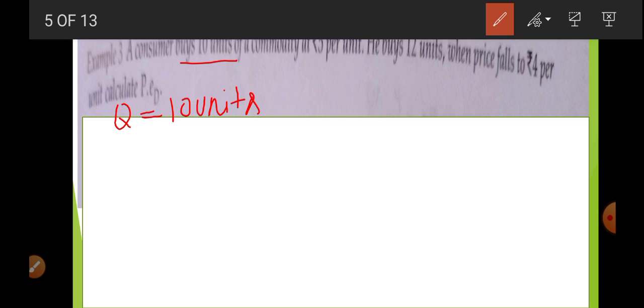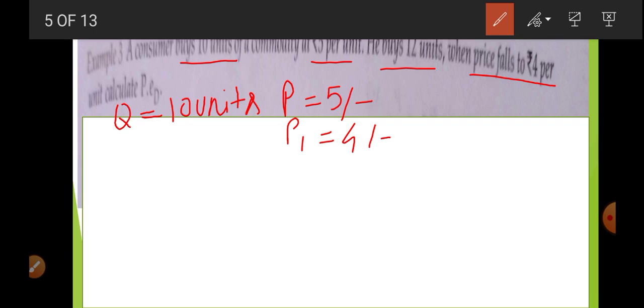What is the price? Price is equal to 5 rupees per unit. Now the price falls to rupees 4, so P1 is 4 rupees per unit. And when the price is 4 rupees, how much is he purchasing? 12 units. So Q1 is equal to 12 units.